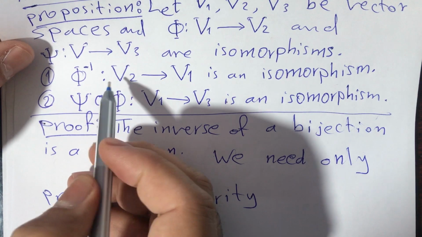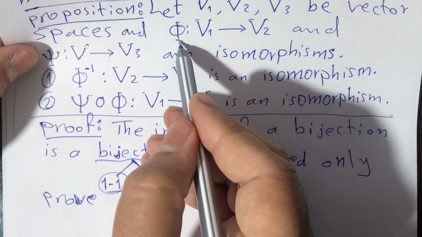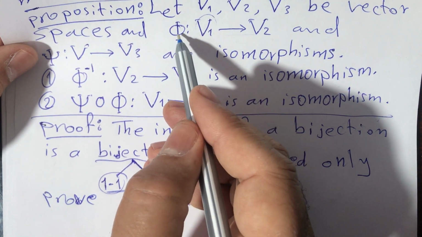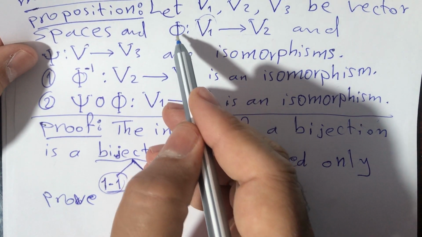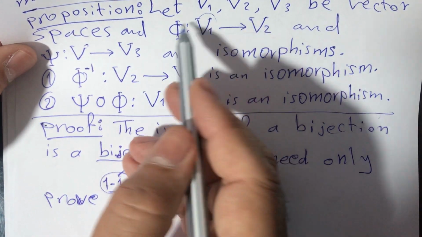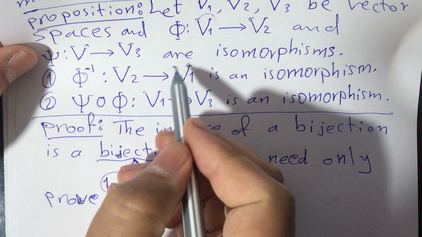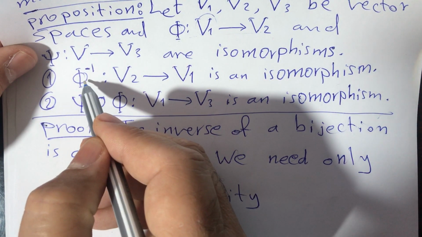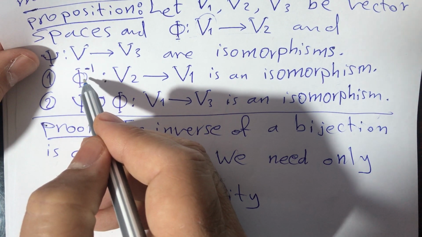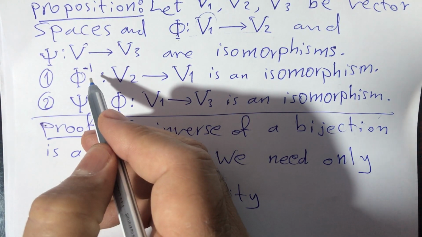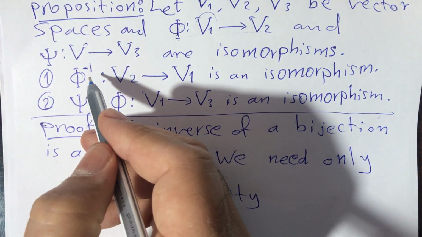For 1, we know phi is an isomorphism from V1, that means phi is one-to-one, onto and linear. If phi inverse is from V2 into V1 and phi is one-to-one and onto, then phi inverse is also one-to-one and onto. So now we just need to prove the linearity.